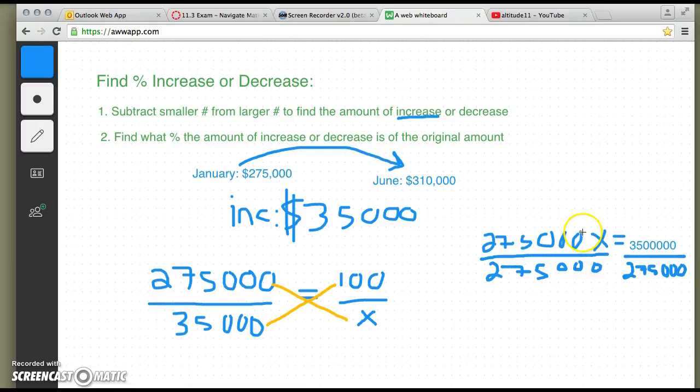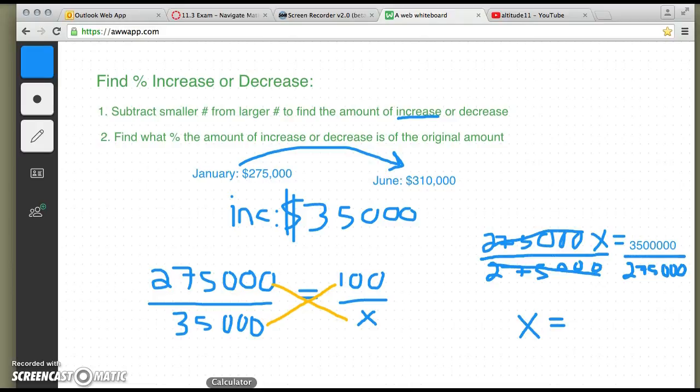Okay, so dividing by 275,000 on the left is going to cancel out this multiplication of $275,000 with x. So all we're left with here is x equals, and now we'll get out our trusty calculator and figure out what that is.